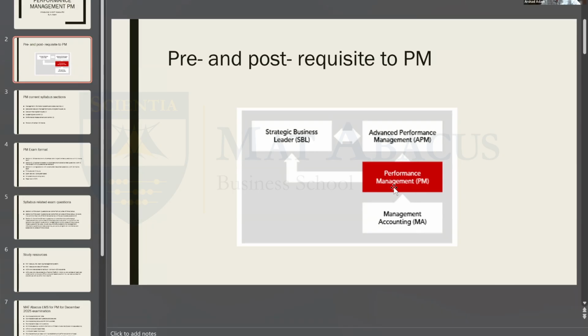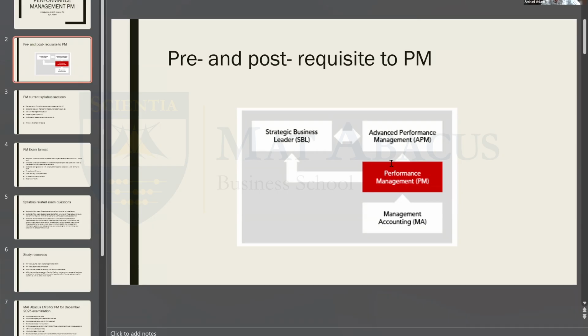The only issue is that by the time you do advanced performance management, which could be 1.5 or even 2 years down the line, you may have forgotten a bit about this. So you will have to keep your notes, what you have done, and your books for reference.